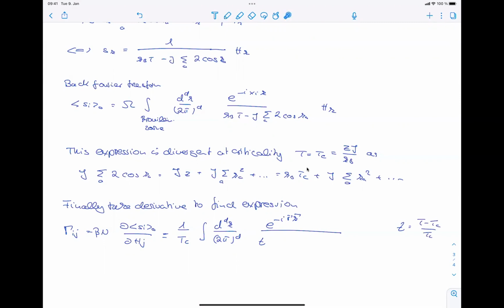Because we saw that here the first order term has the critical temperature in it, so we can just write this then as a function of 1 plus 1 over z sum over a of 1 minus plus.